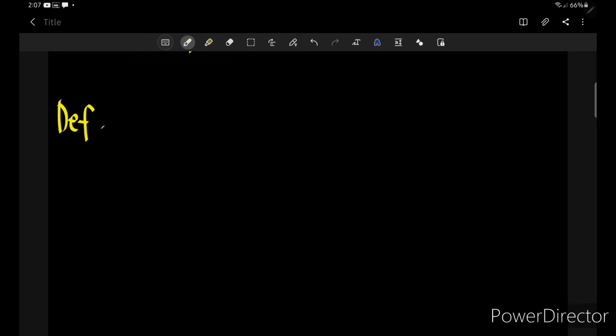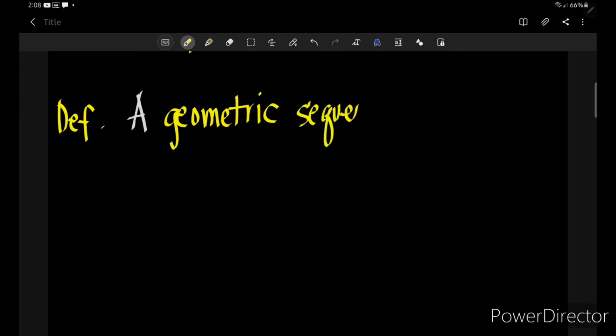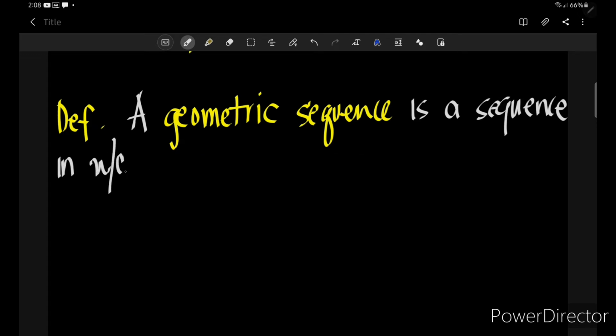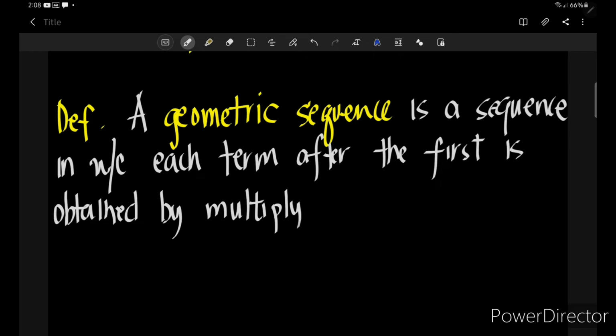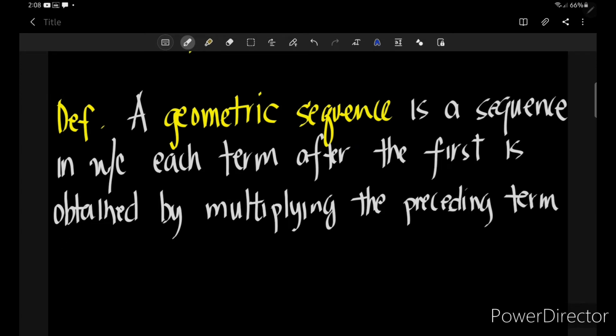So as a definition, a geometric sequence is a sequence in which each term after the first is obtained by multiplying the preceding term by a fixed number.